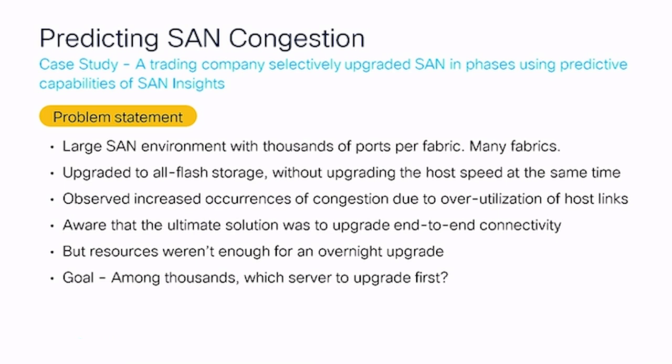So essentially what this customer was asking is, is there a way you can help us plan in an intelligent way so that we upgrade the devices that are problematic? Where is the probability, what ports are likely to get congested before the rest of the ports or the rest of the servers, right? Among thousands of such ports, it's a big problem to solve.